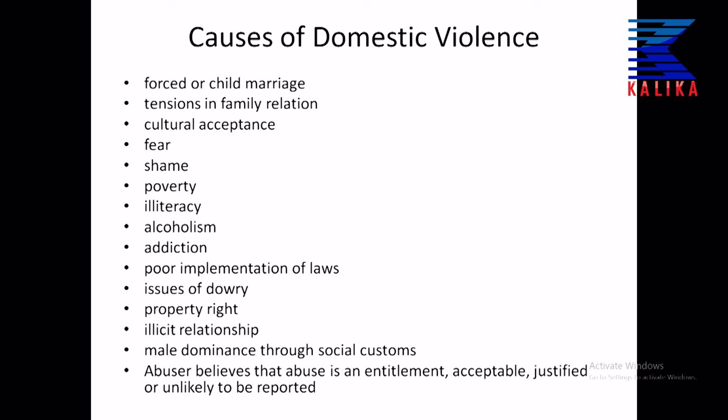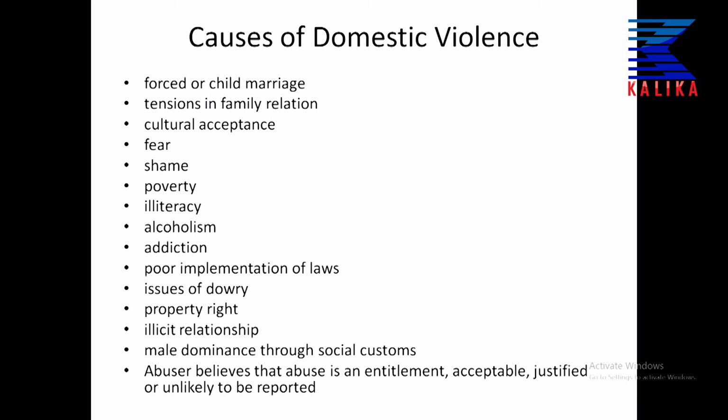Issues of dowry, poor implementation of the laws regarding domestic violence, having no property right for women, illicit relationship, illegal relationship, immoral relationship of the husband with other ladies. She definitely complains and the husband is against her. Physical assault is there. Male dominance through social customs.